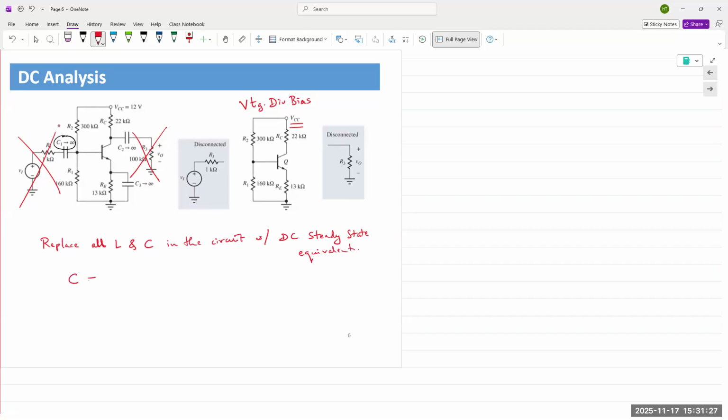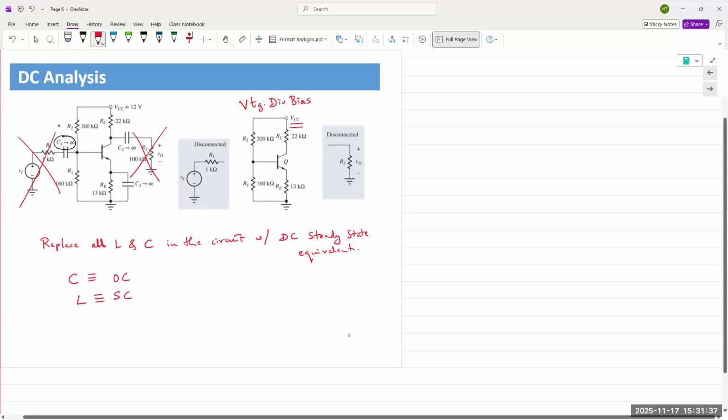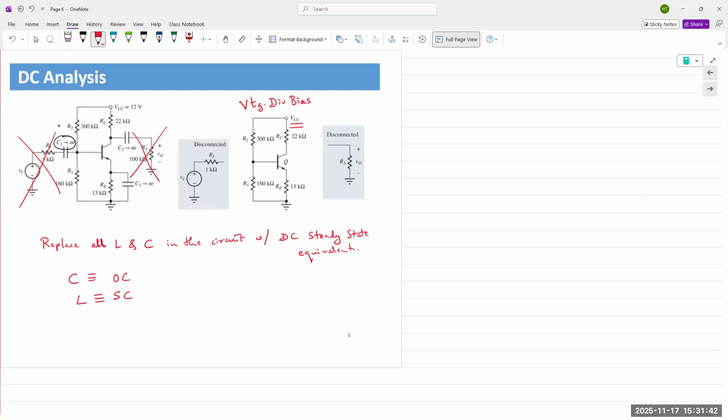Capacitors are replaced with an open circuit, and inductors are replaced, actually equivalent, to a short circuit. Then we can perform DC analysis of the circuit. Does that make sense?